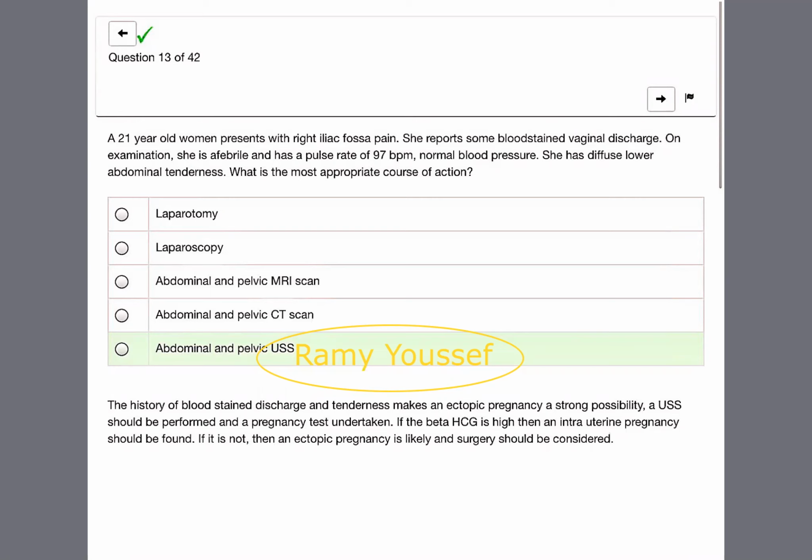And in that pain, he will tell you the patient had PID a few weeks ago. Okay?